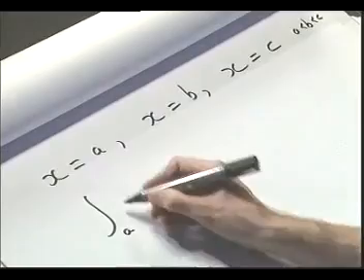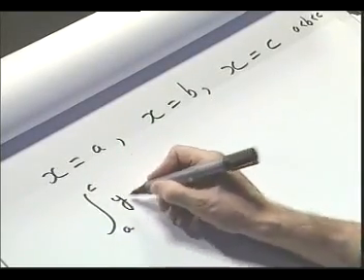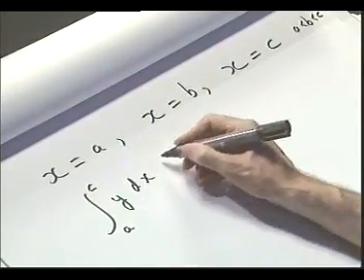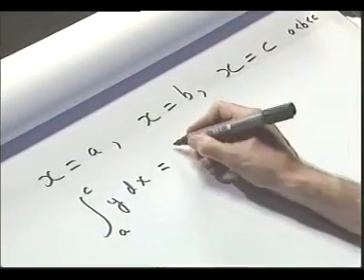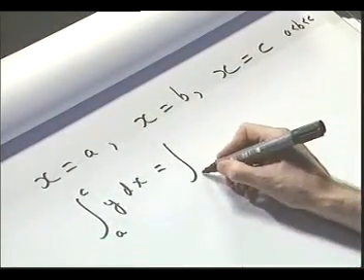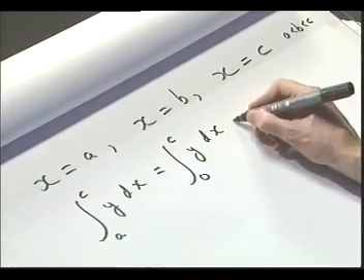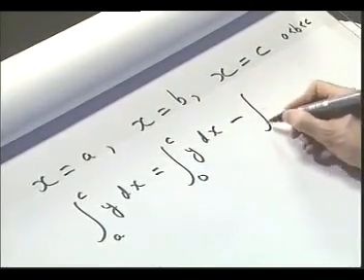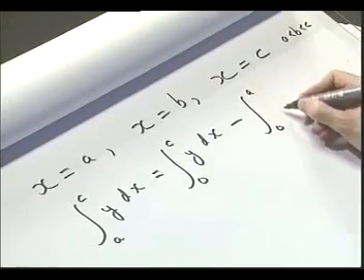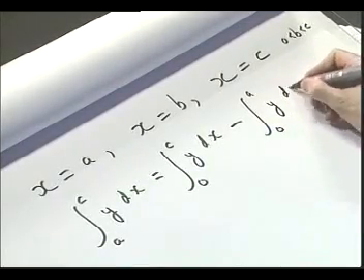Well, it's from a to c, the integral of y dx. And we know that that is the integral from 0 to c of y dx minus the integral from 0 to a of y dx.